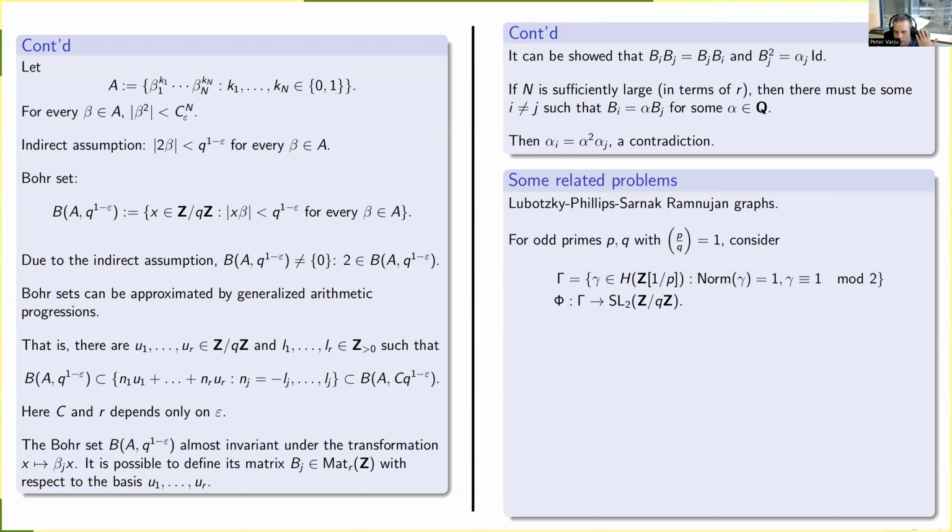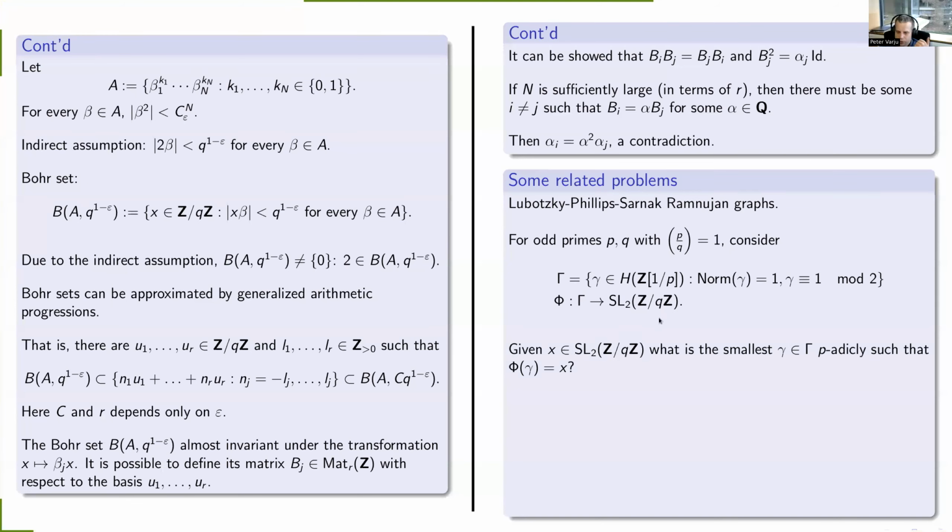And this is going to be equivalent to the following lifting problem. Namely, you consider the Hamilton quaternions with entries in the ring Z adjoined 1 over P. And you look at quaternions with unit norm, and there is a congruence condition modulo 2. And then you look at the projection modulo Q.